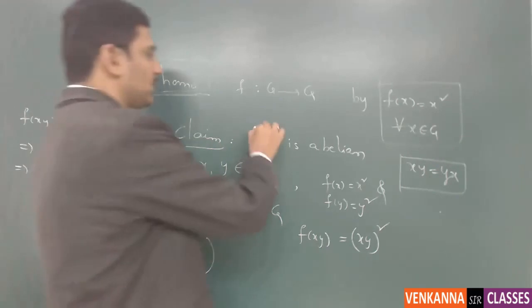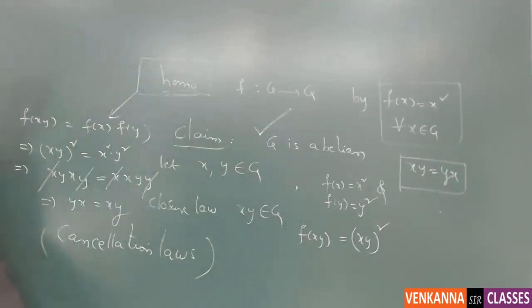Therefore, G is abelian. So please take a note of this. Any queries you can ask. If it is clear, then I discuss the other problem.